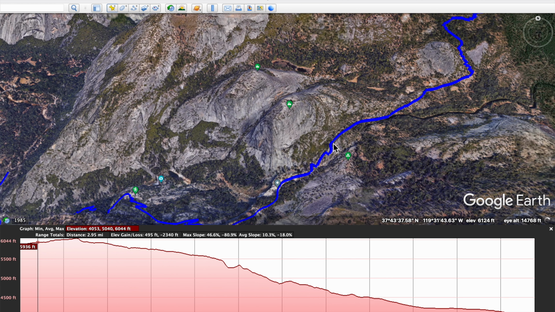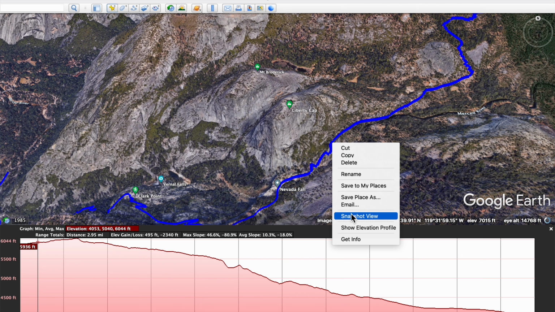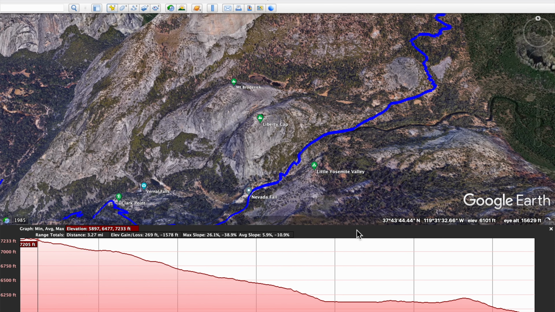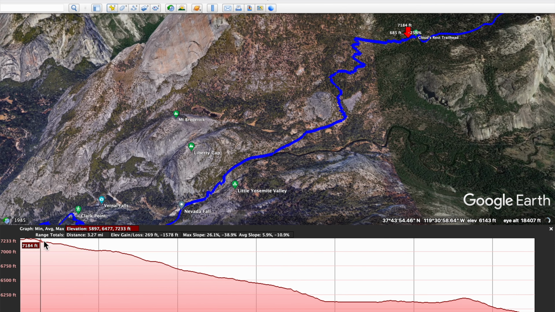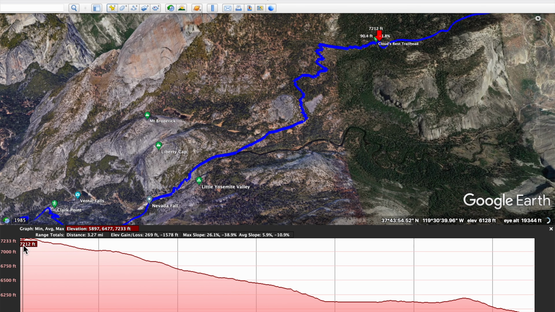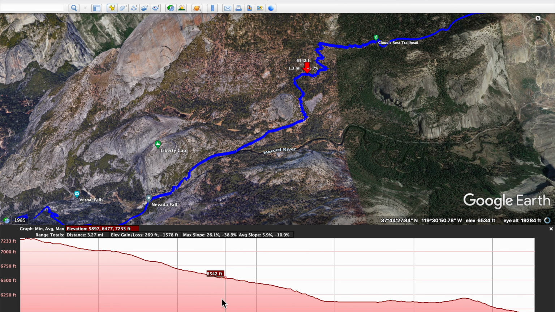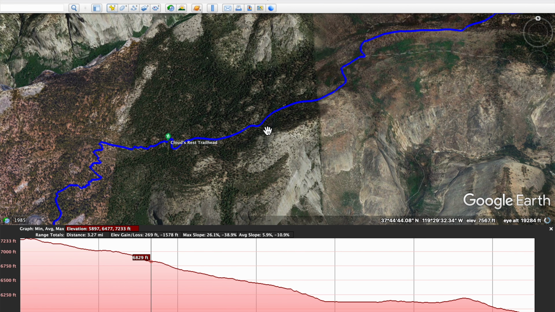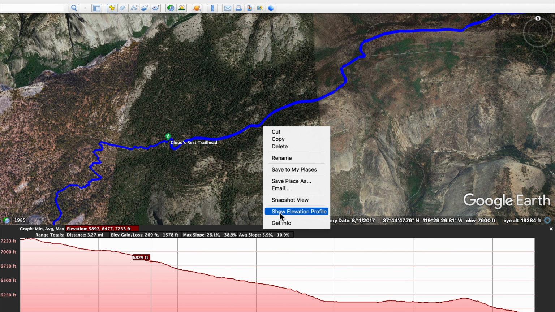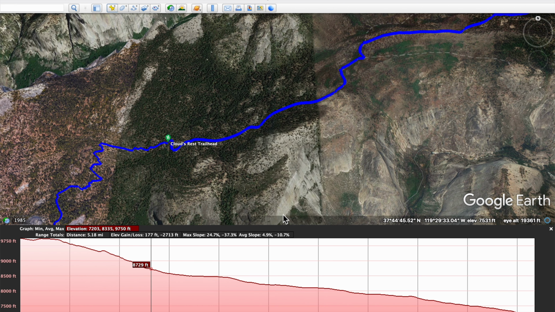There's that first segment. So we look at the second segment. And this is the continuation of the climb to Clouds Rest, even higher. So if you're starting southbound, you're climbing quite a bit the first day.